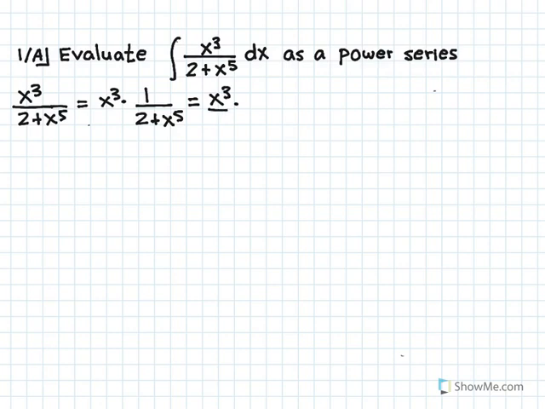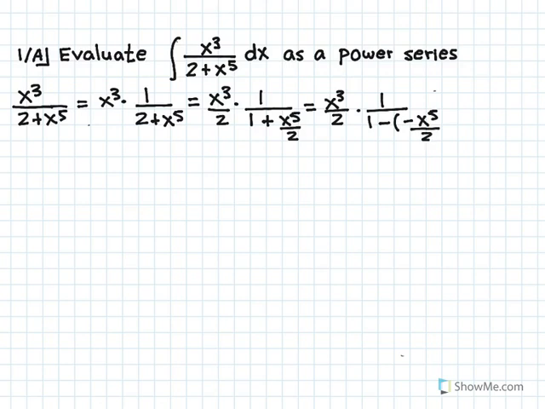So we have x cubed divided by 2 times 1 divided by 1 plus x to the power of 5 divided by 2. This is equal to x cubed divided by 2 times 1 divided by 1 minus minus x to the power of 5 divided by 2.